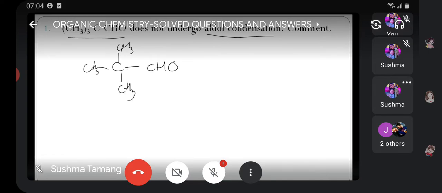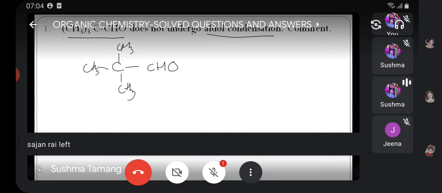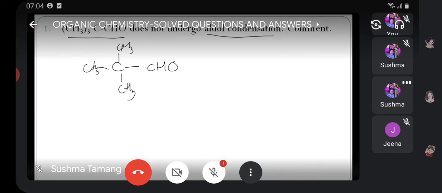Now this is your compound, on which we are trying to do aldol condensation, and the question says this compound will not undergo aldol condensation. I've already told you that for aldol condensation, what is needed is alpha hydrogen. Let's check whether this molecule has alpha hydrogen or not.